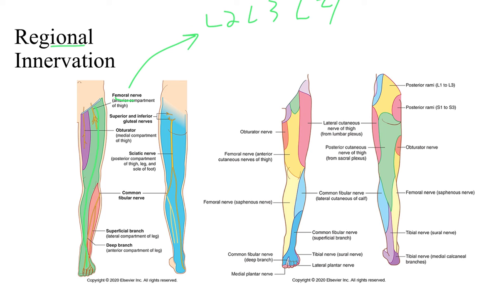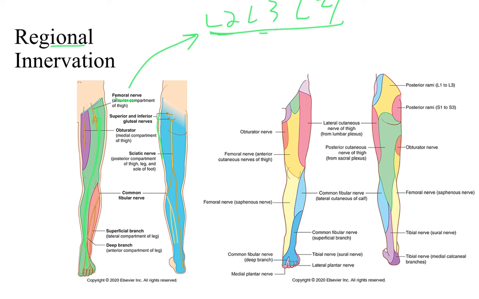And so what this regional map does is it combines all of these from the lumbosacral plexus and puts it into a functional map of, all right, this femoral nerve is going to these areas, and we know it's coming from L2, L3, and L4.